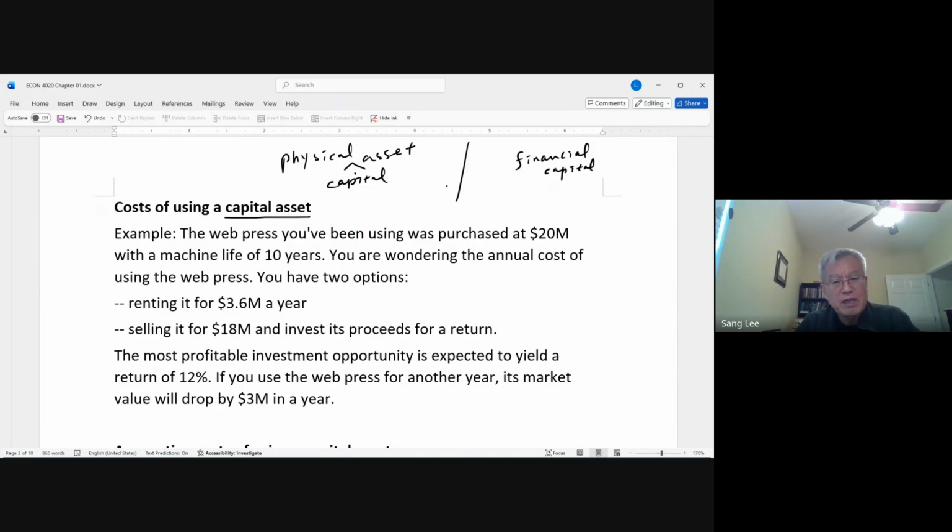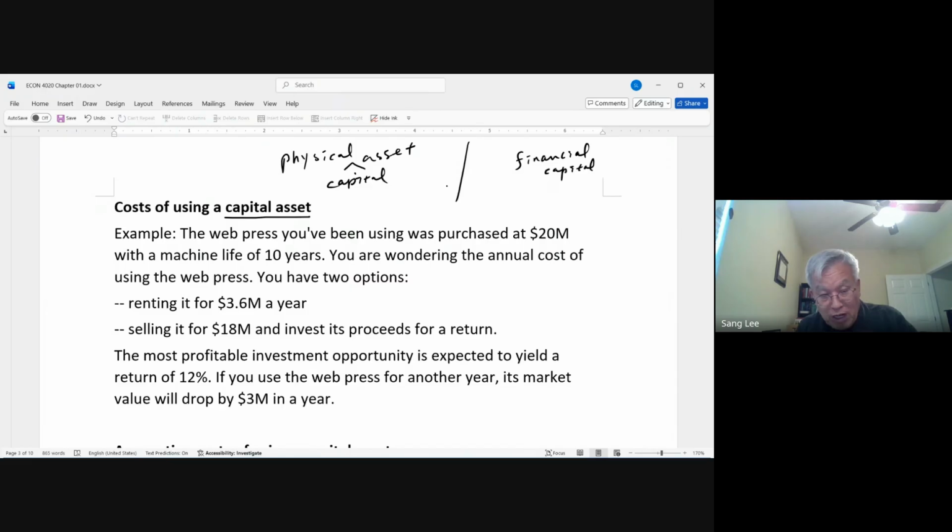So, for example, Delta Airlines has a fleet of passenger jets, and some airplanes are 20 years old or 25 years old. So now you continue to fly them.